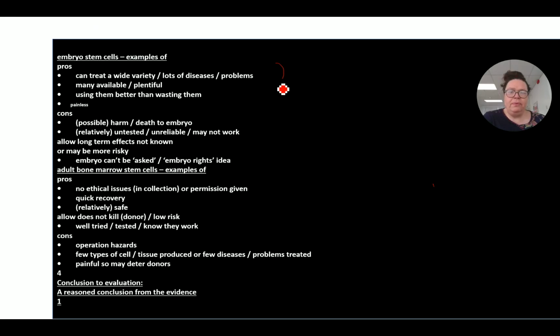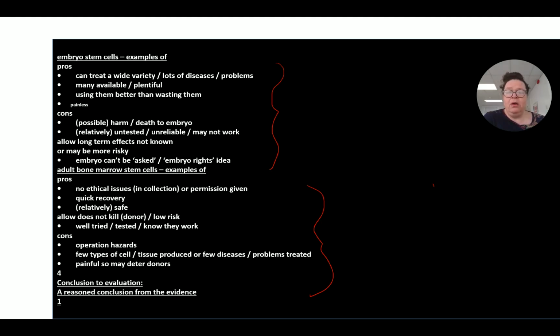So 3 for this one. 3 for this one. And this could be 2 pros and 1 con, or it could be 1 con and 2 pros, as long as we've got 6 altogether. So embryo stem cells can treat a wide variety of problems. Many available. Using them is better than wasting them.